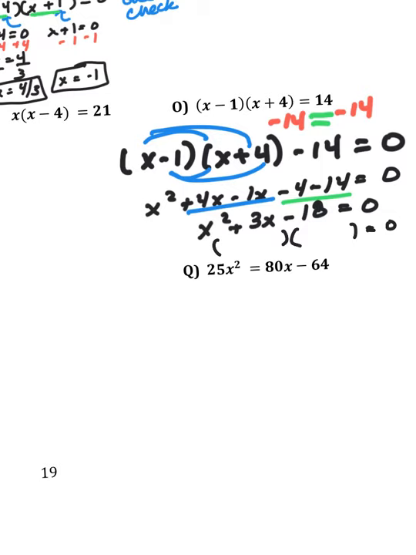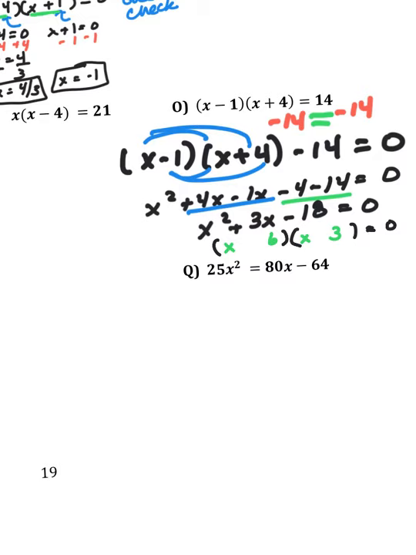Factors of 18 that are going to subtract to give me 3. Well, let's see, x and x. Factors of 18 are going to be 6 and 3, that subtract to give me 3. I need to end up with a positive 3x, right? And so, let's see.